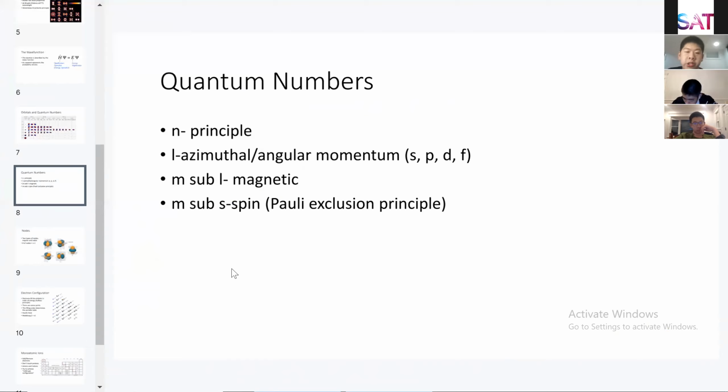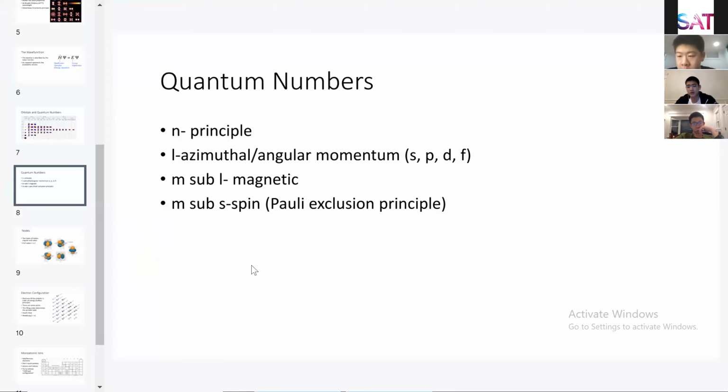If L equals 0, you have an s orbital. If it equals 1, you have a p orbital. If it equals 2, you have a d orbital. If it's 3, you have an f orbital, and so on. And this describes the shape of the orbital.